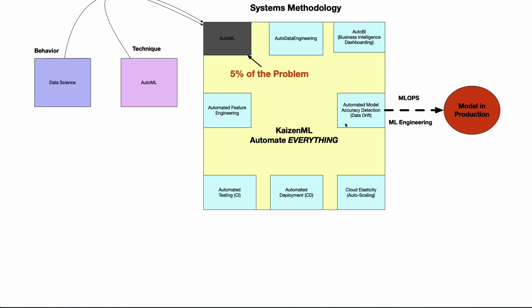And then if we go to the accuracy detection here, like data drift, this is another one where if you're constantly getting new data, you're going to need some kind of capability that can detect that there are differences. So a 10% change, a 20% change, a 40% change of the data, do some alert that says the model needs to be retrained and then potentially redeployed into, let's say, the Tesla vehicle or some car.